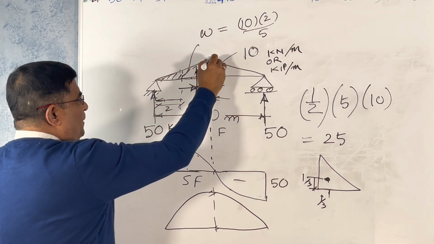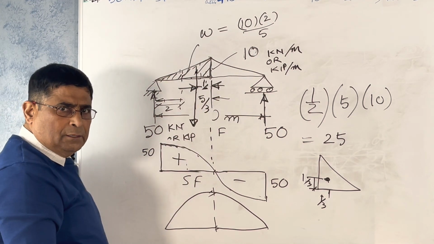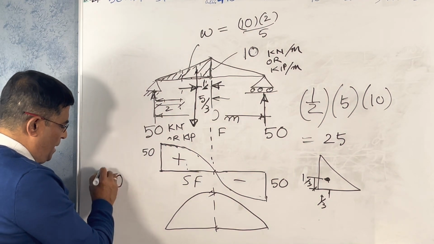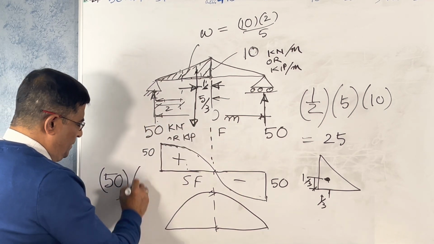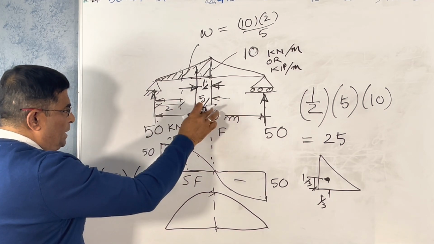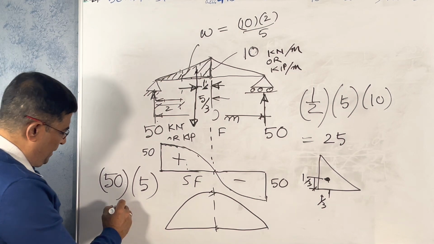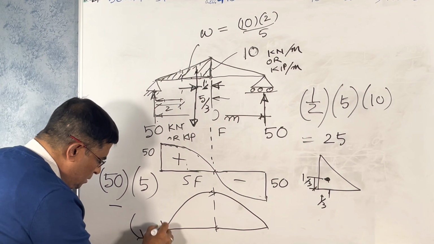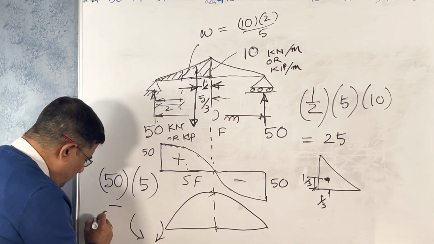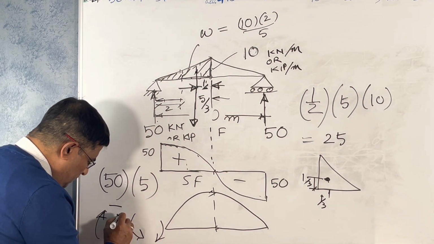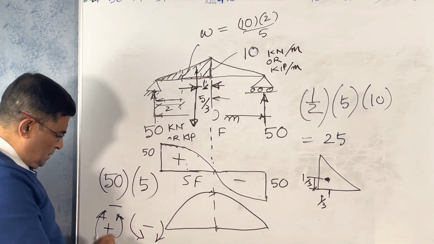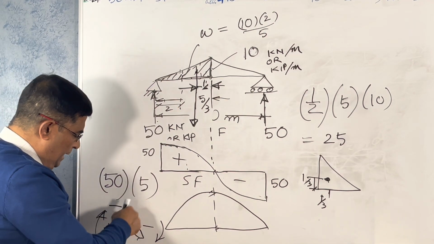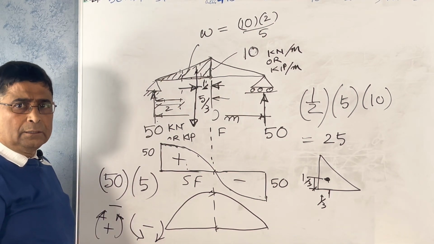What is the bending moment at this point now? 50 times 5, minus, because this moment is clockwise, positive if you are considering from the left, anticlockwise is negative.